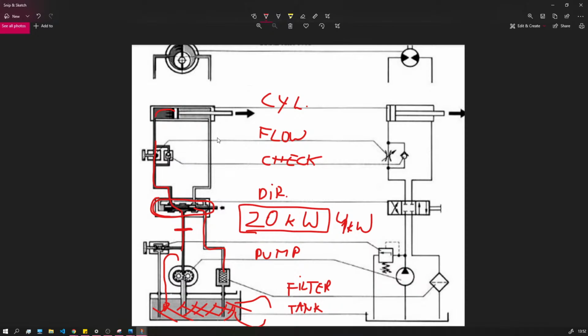Okay, what else? Yeah, of course. Differences between hydraulic and pneumatic systems.